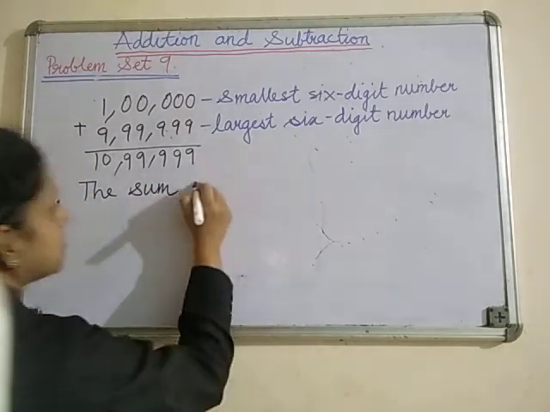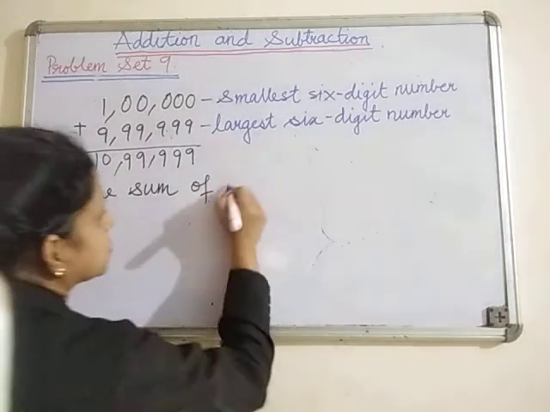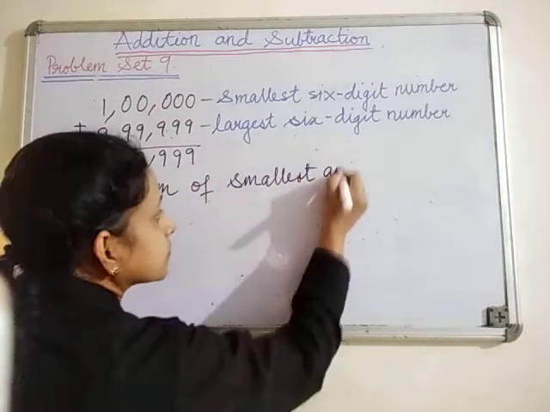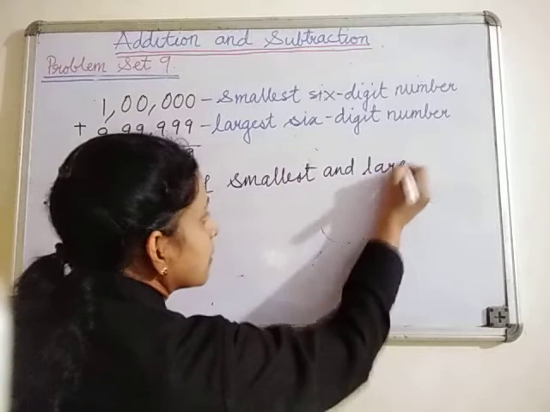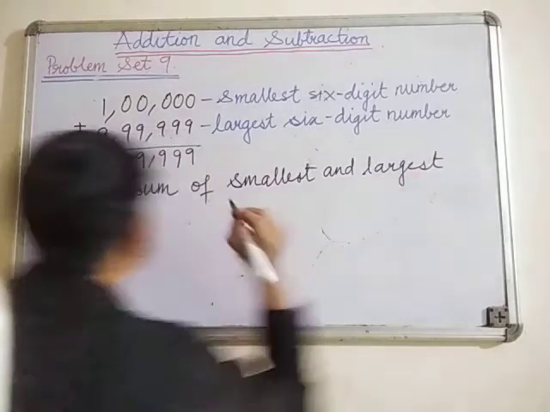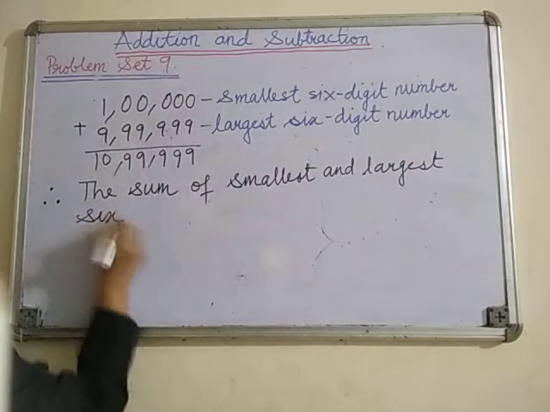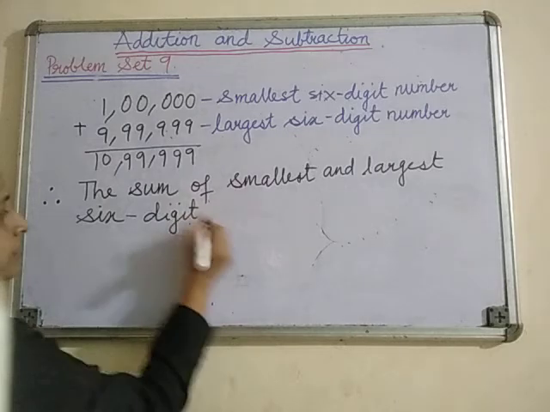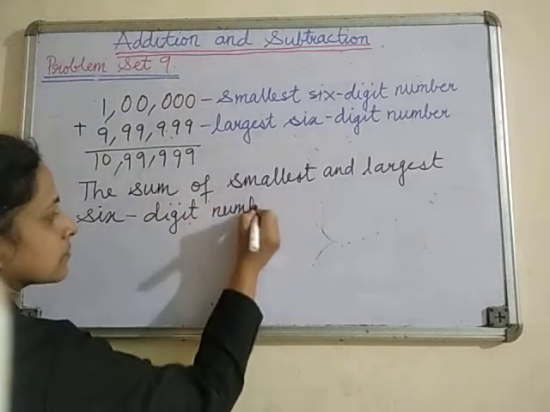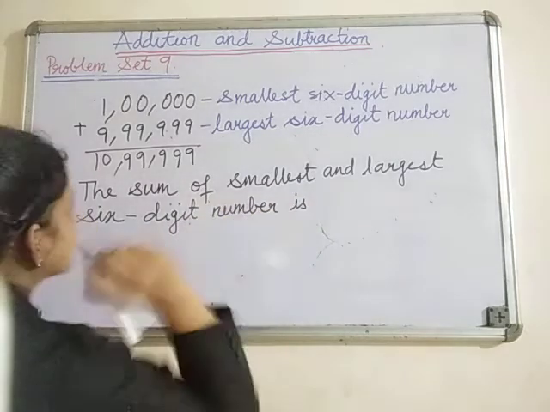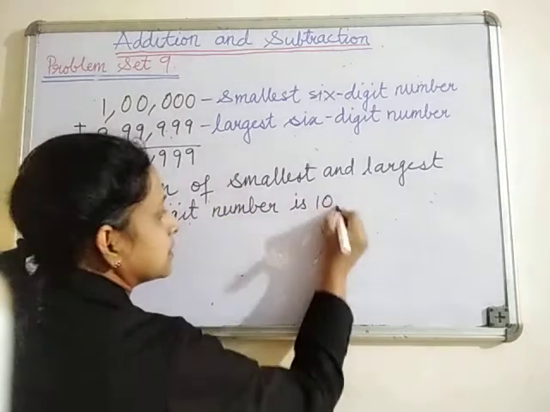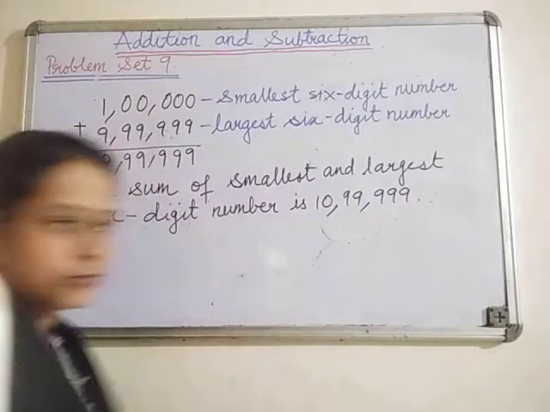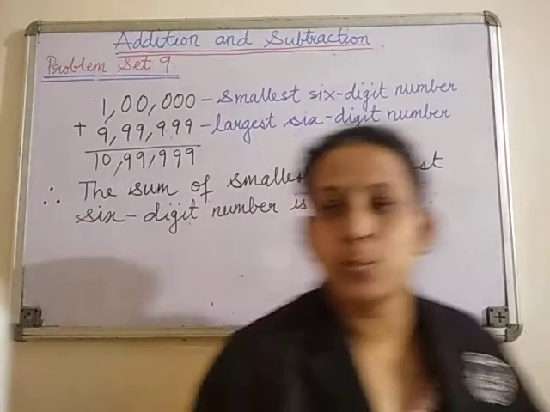So the sum of the smallest and largest 6-digit number is 10,99,999. So this is your second word problem.